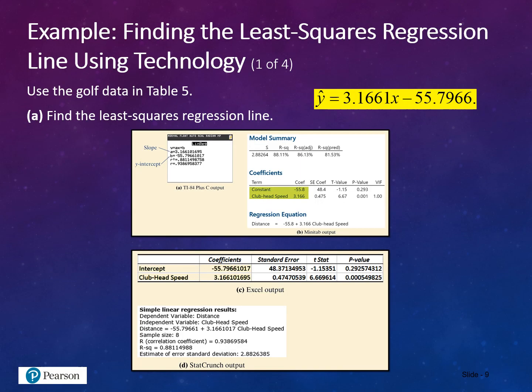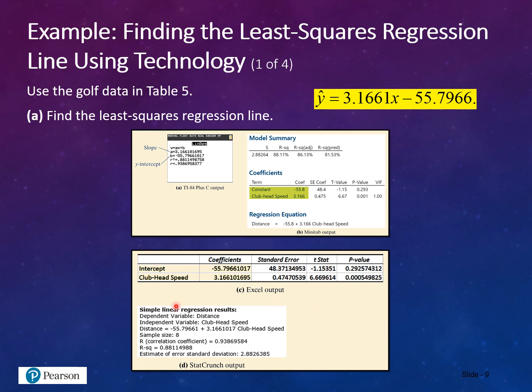So let's look at the same example, but this time instead of calculating it by hand, let's use some technology. Here you actually see 4 different technology results. I know that they're not very easy to see, but you can also look at these in your book. Here we have the TI 84 Plus. Here we have Minitab. In the second diagram below, C is actually from Excel.